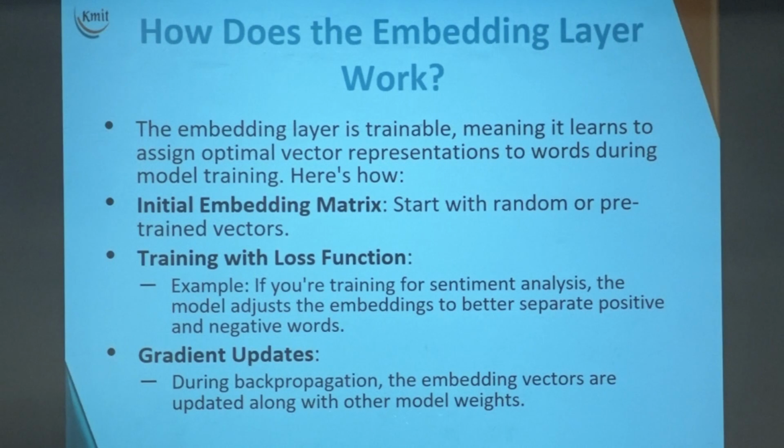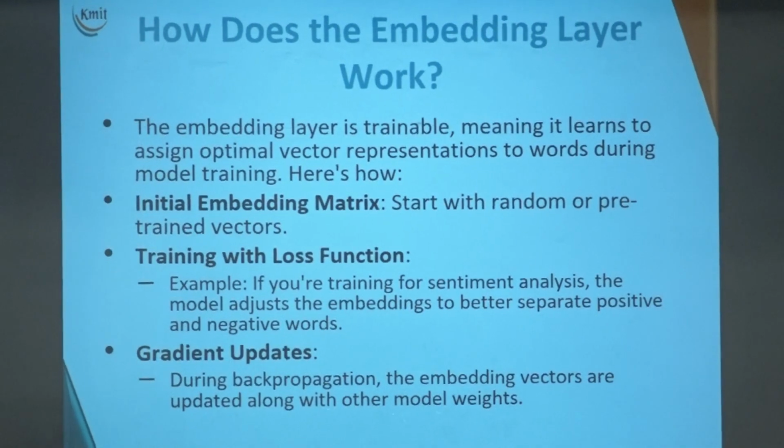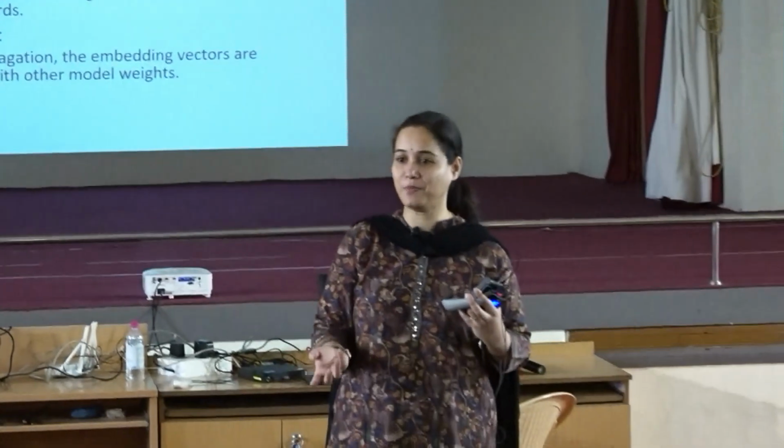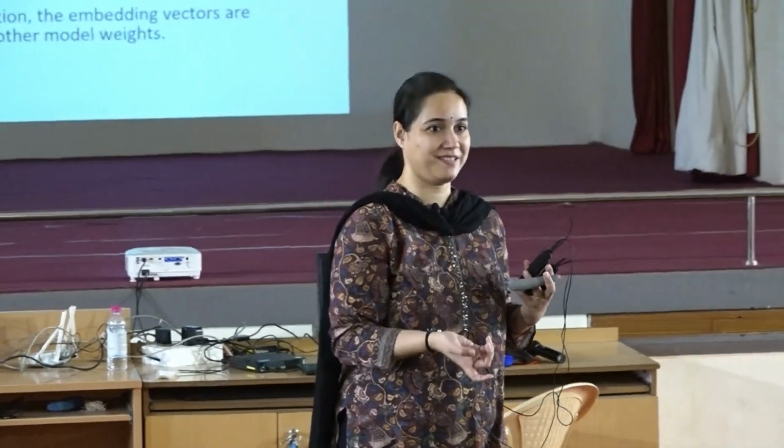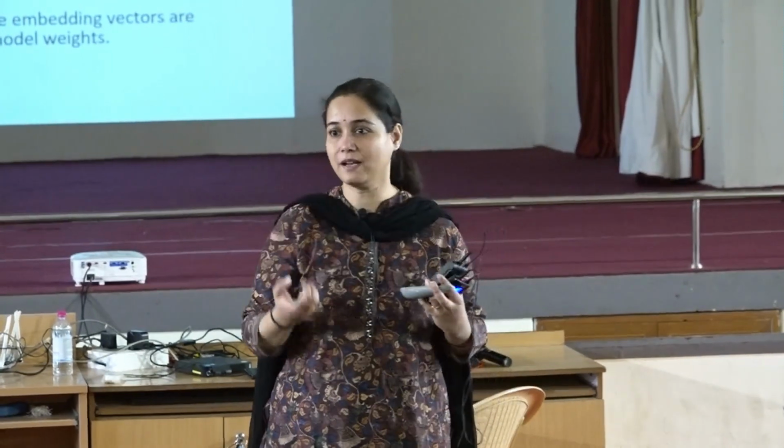This you will not be doing from scratch. You have ready-made libraries that help you do that. We are trying to understand how it is doing. You will not even realize the vectors got updated. You'll just see that my accuracy has improved. How did it improve? Because even vectors are getting optimized internally. You have to understand it that way.